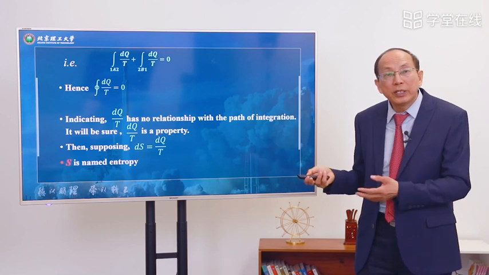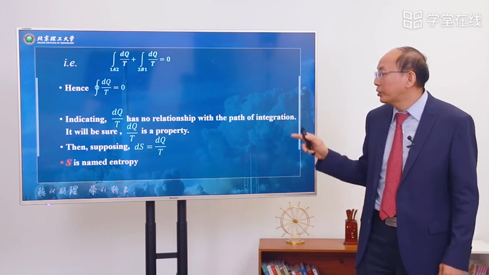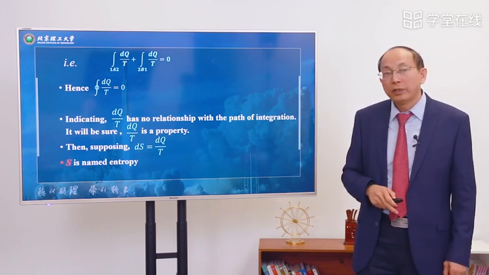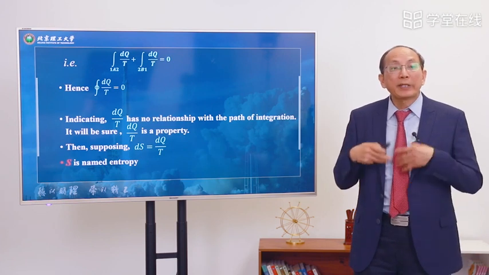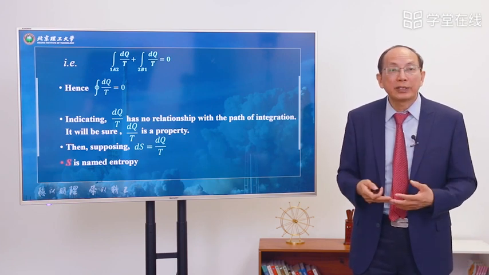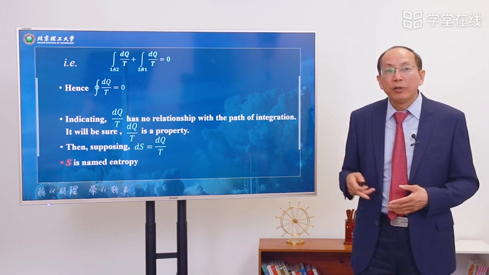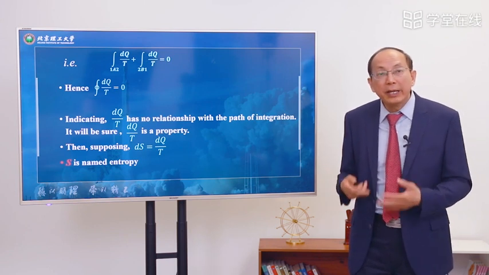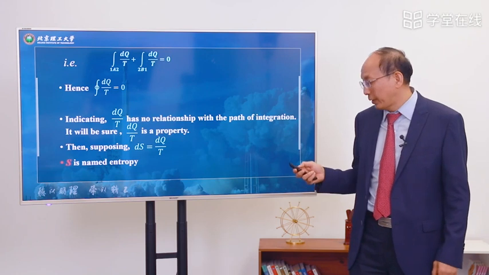Here, supposing dS equals dQ over T, finally we obtain a new concept, which we can give a name: entropy.